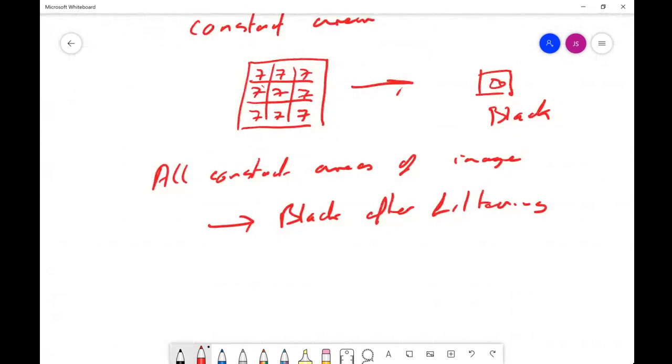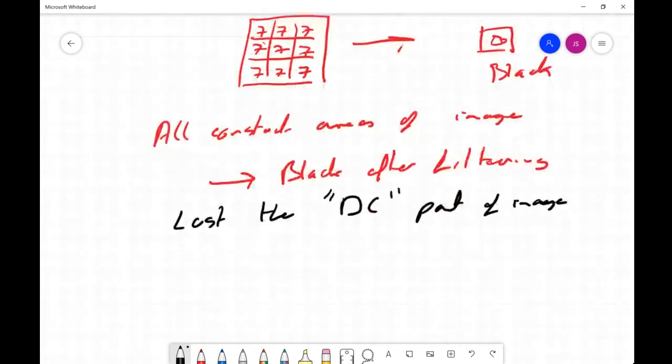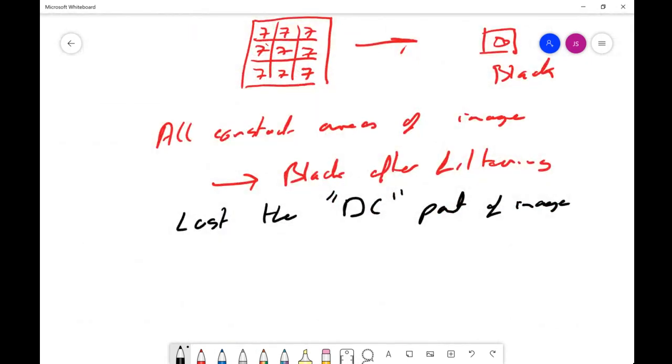So effectively, we have lost what sometimes people call the DC part of the image. Whatever the background, it always goes to black, and the image shows up with the high intensity changes only.